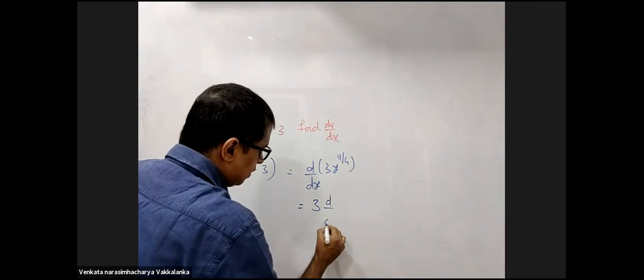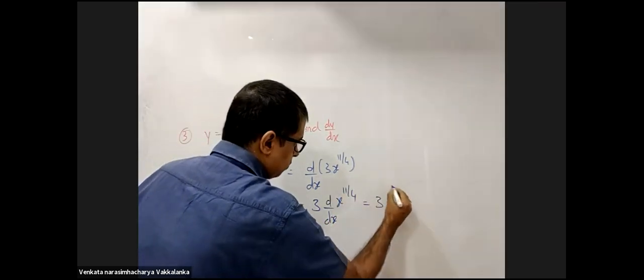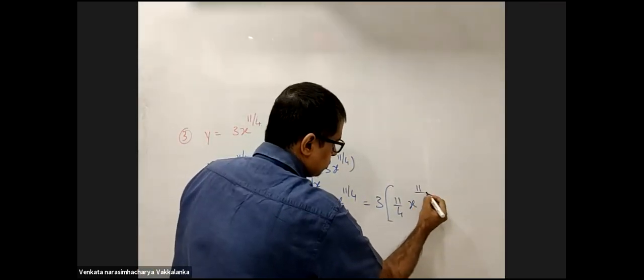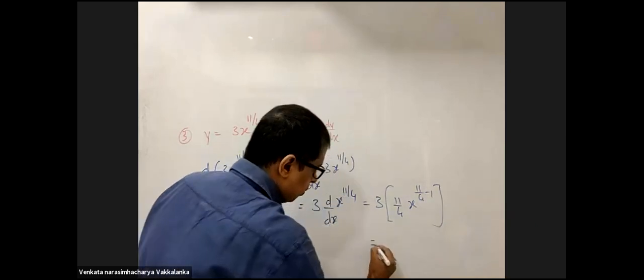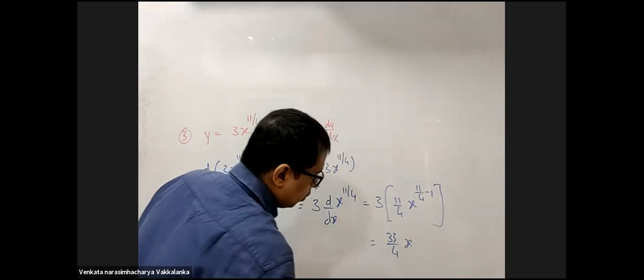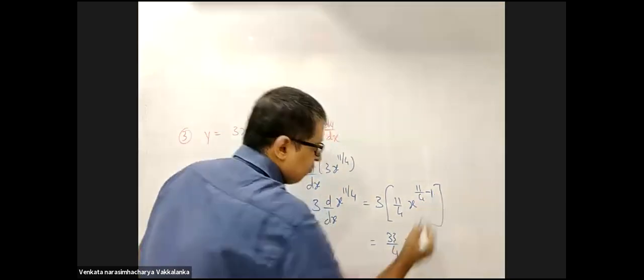Now 3 d by dx of x to the power 11 by 4. This will be 11 by 4 x to the power 11 by 4 minus 1, which gives 33 by 4 x to the power 7 by 4.